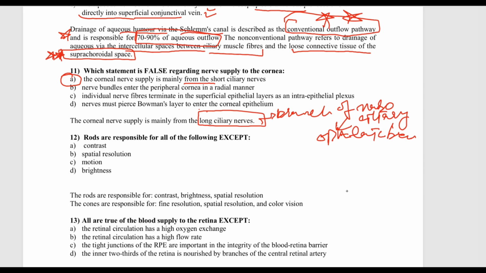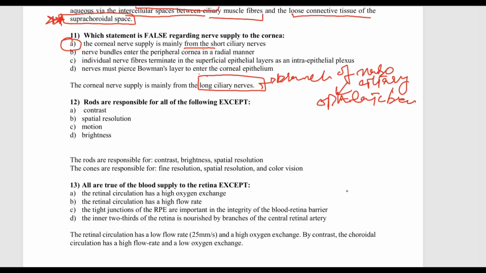The next question is, rods are responsible for all of the following except. The options are contrast, spatial resolution, motion, and brightness. So the correct option here is spatial resolution, because this is mainly the function of the cones.